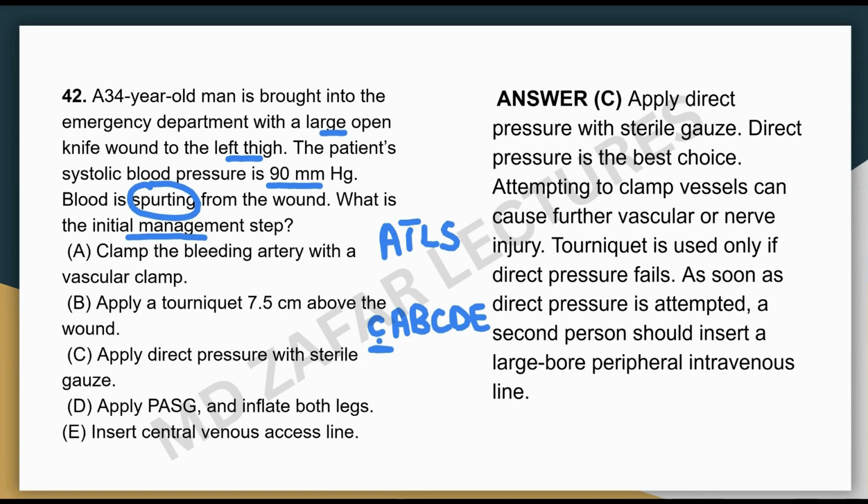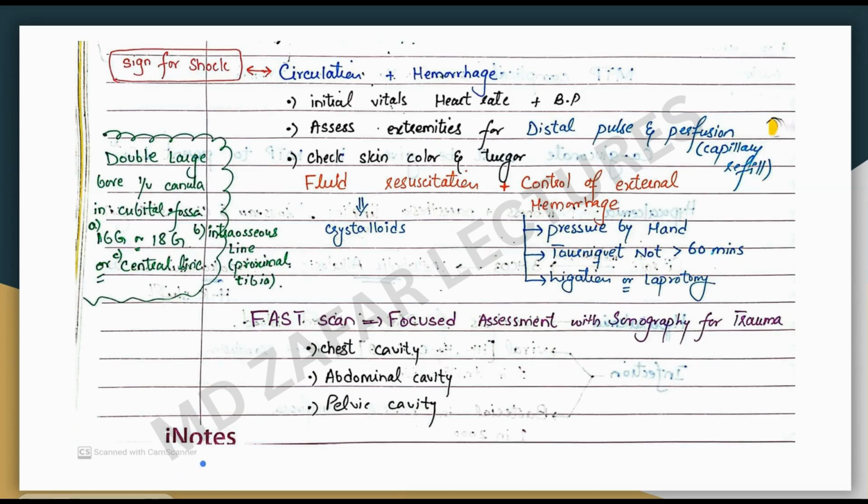It is controlled by certain steps, and the very first step is to apply direct pressure to stop the bleeding. This is followed by application of a tourniquet and various steps, which I will explain with the help of a flowchart. I've also explained this part in the initial assessment of trauma video. You can consult that to have a good understanding of the ATLS guidelines.